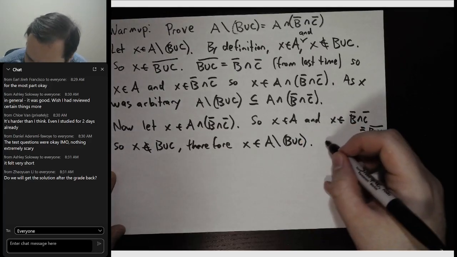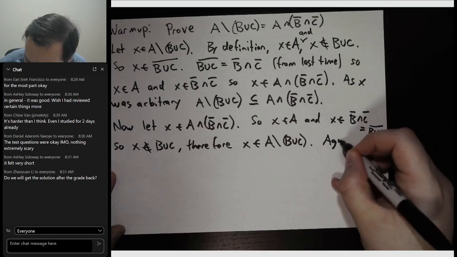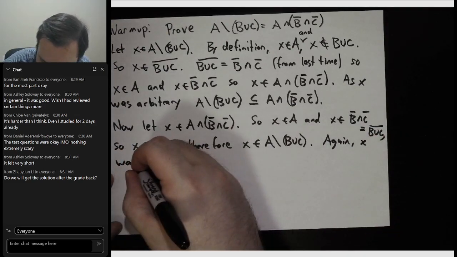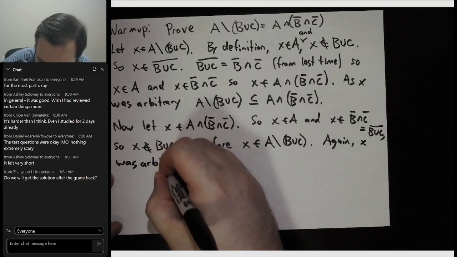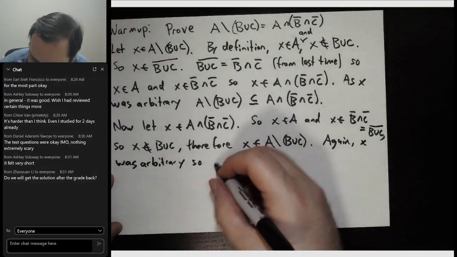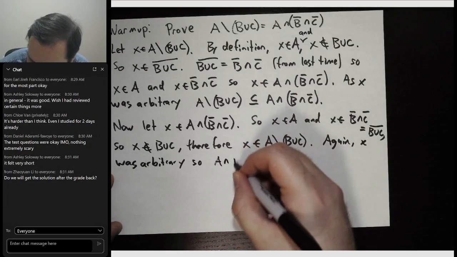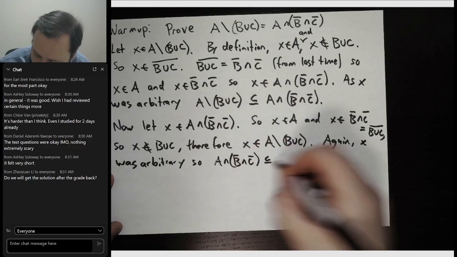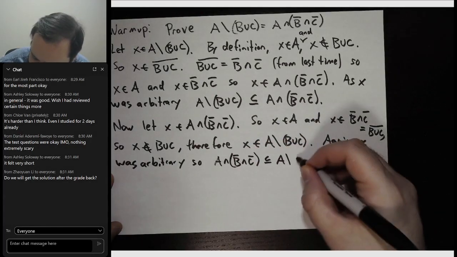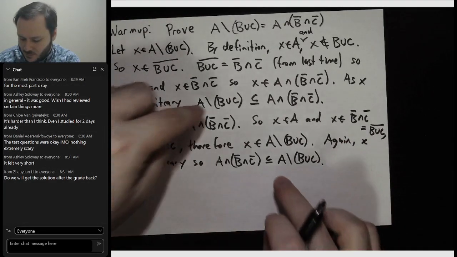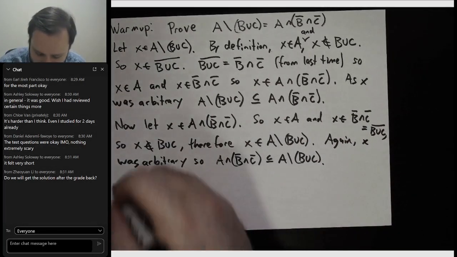And again, x was arbitrary, so we can conclude that A intersection B complement intersection C complement was a subset of A relative complement B union C. And now we have both subset inclusions.